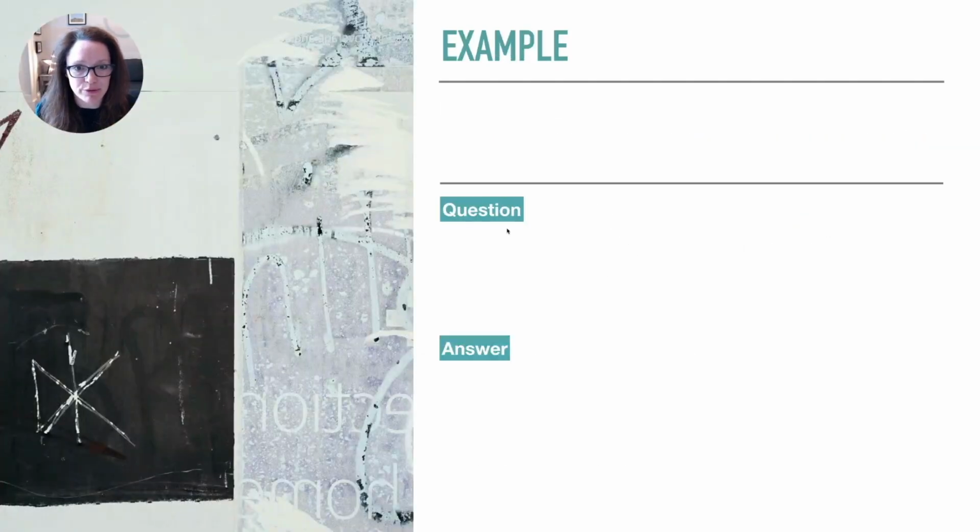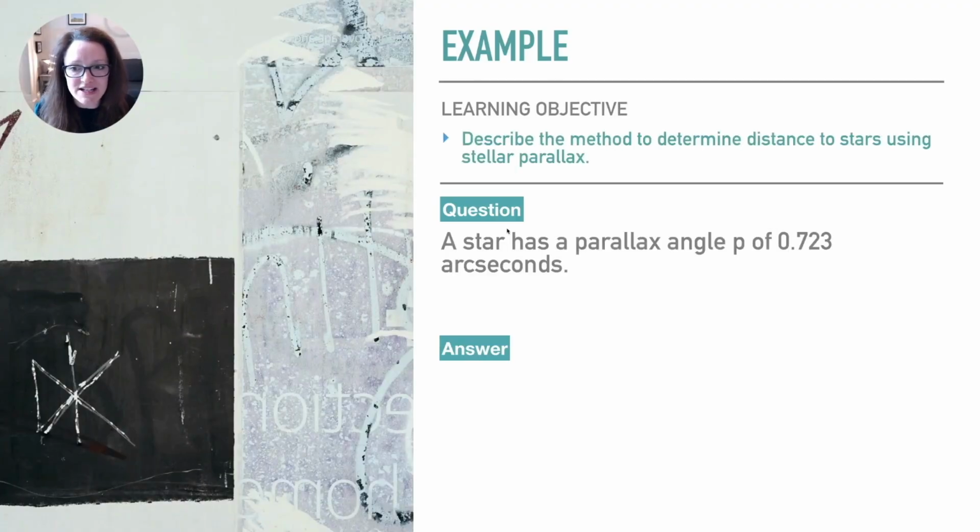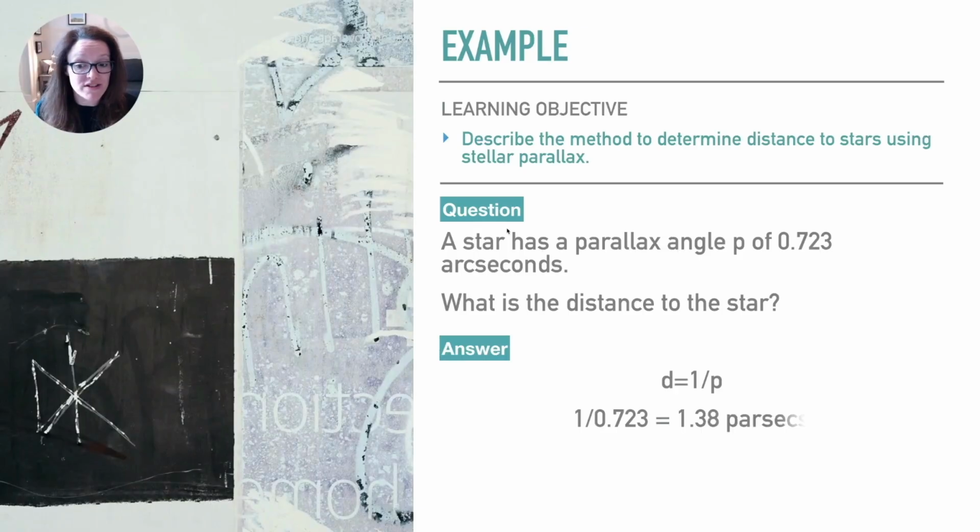So let's take an example. A star has a parallax angle P of 0.723 arc seconds. What is the distance to the star? The angle is already in arc seconds, so D is equal to 1 over P. 1 divided by 0.723 is 1.38 parsecs. Simple as that.